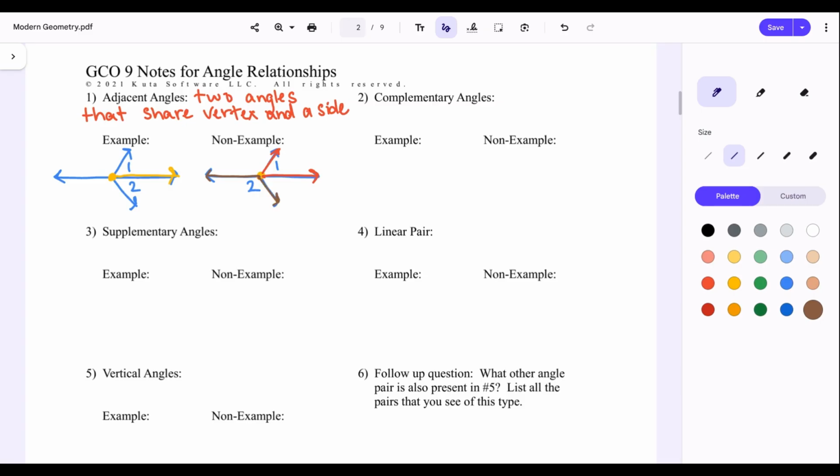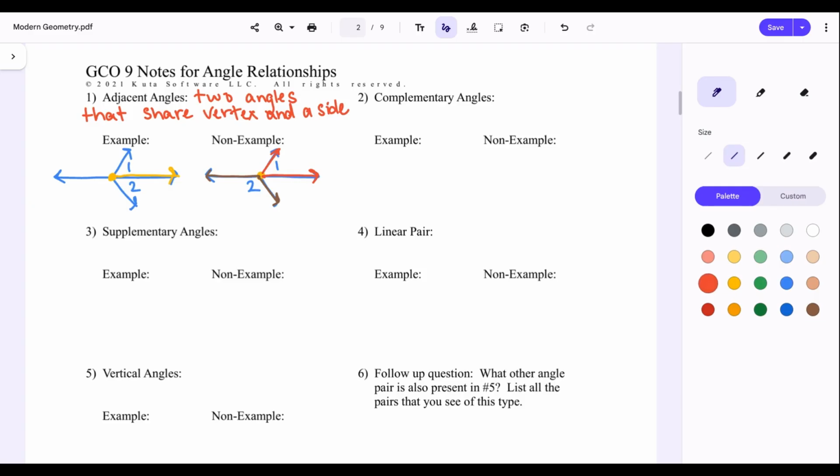Okay, and you can see when I trace those, I didn't overlap my tracing at all. Angle 1 is now outlined in that red, and 2 is in that brown color. They don't share a side, they only share the vertex. So those would no longer be considered adjacent anymore.